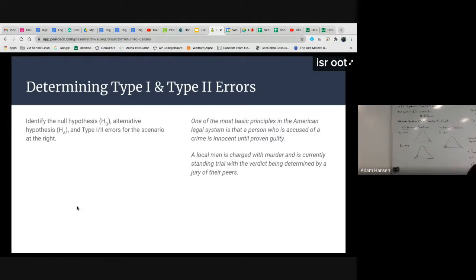We fail to convict. The null hypothesis is false. They're not innocent, but we say they are. We acquit a guilty defendant.